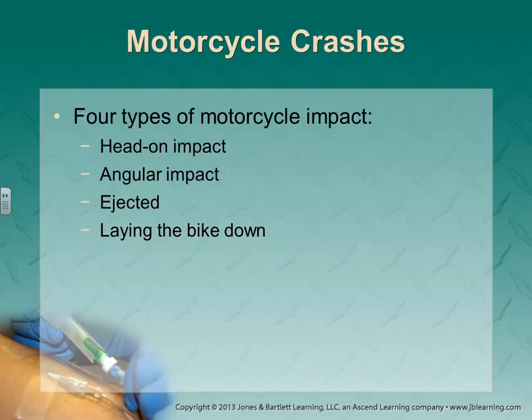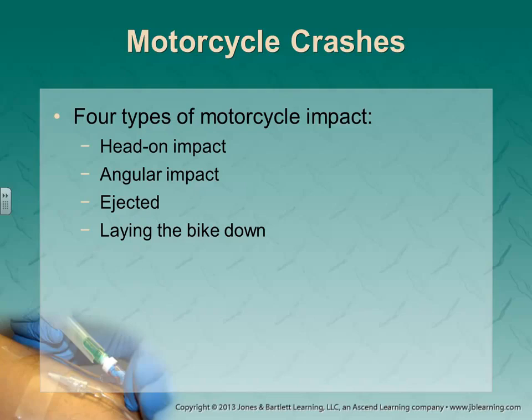Ejected, obviously, that'll usually be part of these other impacts as well, all right? And then laying the bike down. When I learned how to ride a motorcycle, and anybody that rides a motorcycle consistently knows about laying the bike down. It is actually something that a motorcyclist learns to do as a protective maneuver if they're in an accident.